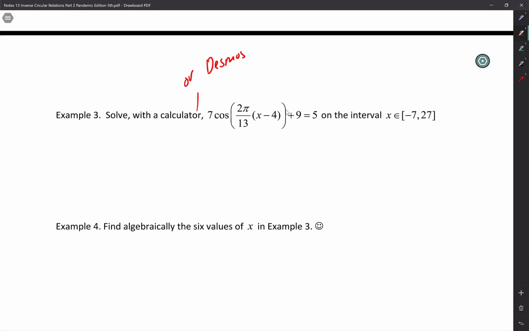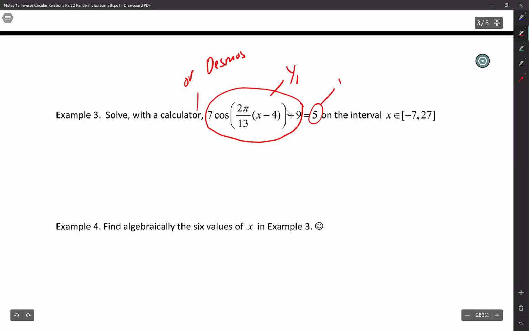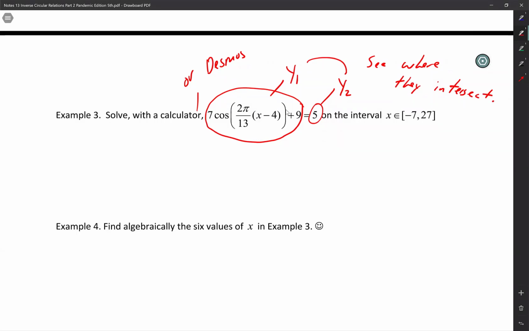So let's do that. I'm going to type this into y1, and this into y2, and I'm going to see where they intersect, guys.